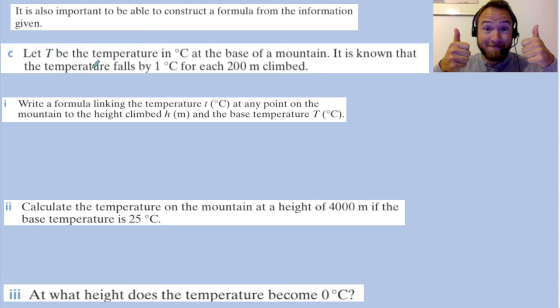So every 200 meters we go up, we go down 1 degree Celsius. Write a formula linking the temperature T at any point on the mountain to the height climbed and the base temperature.